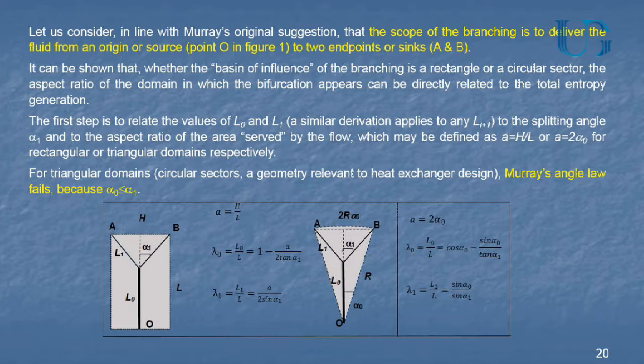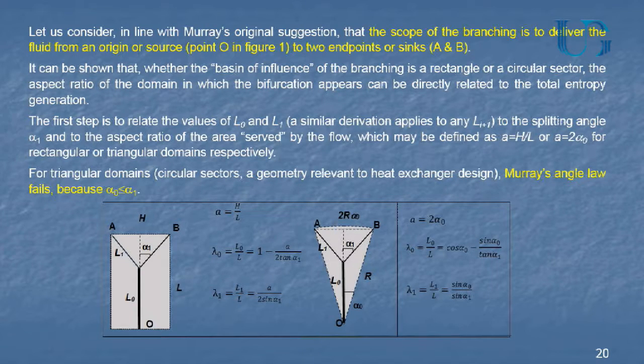So this is absolute. This is always valid. It doesn't depend on the delta ratio or on blood or sap or anything. This is a mathematical law. And so we have that lambda 0, which is L0 over L, is given by this value, 1 minus A over 2 tangent alpha 1, and lambda 1 is given by A over 2 sine alpha 1. So this tells you that there is a relationship between the shape of the domain of interest, the angle of splitting, and the length of the branches.